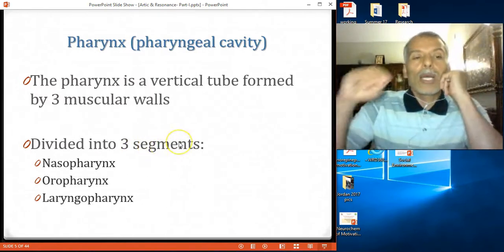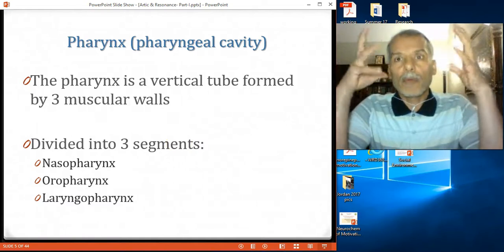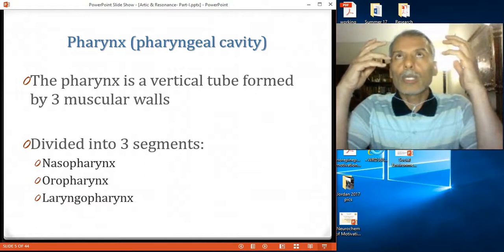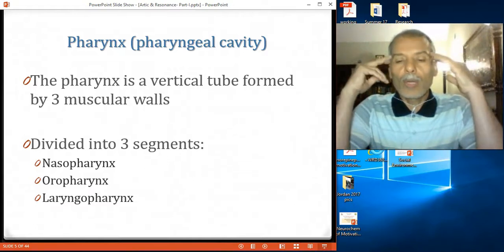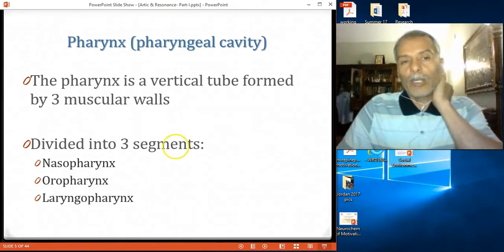So we are going to look at the basic segments of the vocal tract, and then we look at the muscles at some point. We are going to see how the sounds resonate and how they are produced, and that will be the unit on articulation and resonance.